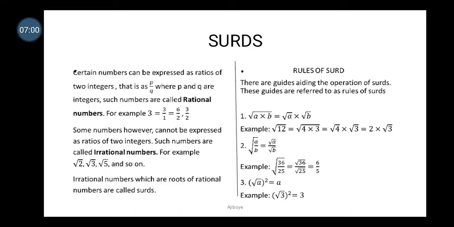For instance, the square root of 3 all square, that is, if you square the square root of 3, you get 3. Please watch out for such expression. I say that again. If you square the square root of 3, you get 3.